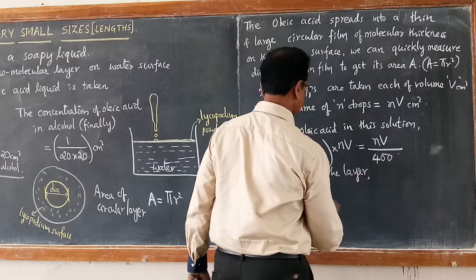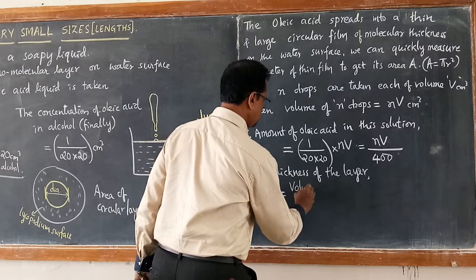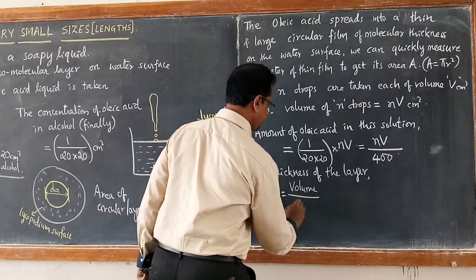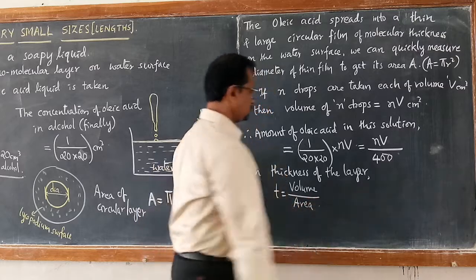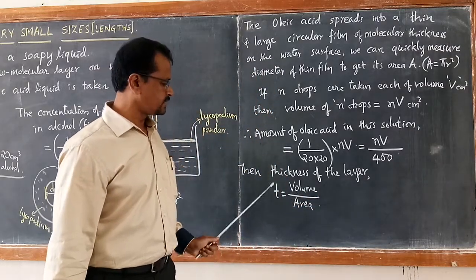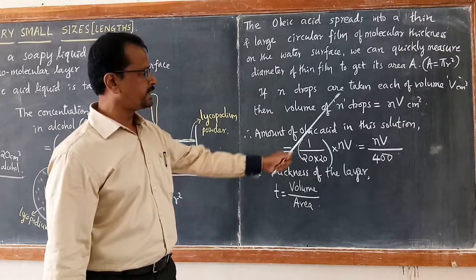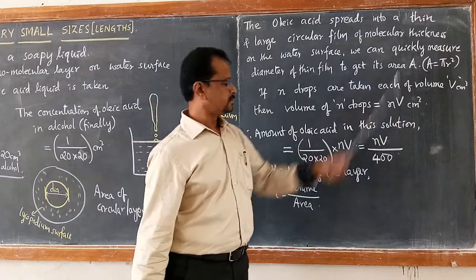Thickness of the layer T is equal to volume divided by area. Volume is equal to area into thickness. Therefore, thickness is equal to volume divided by area. Area we have taken as A, right?